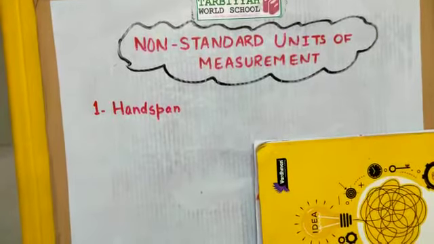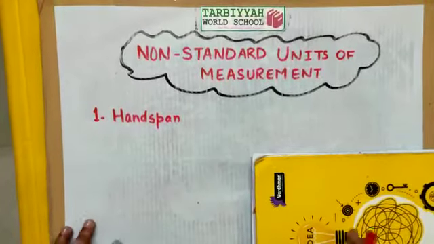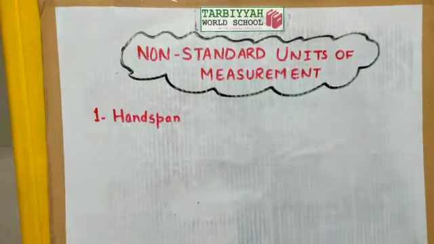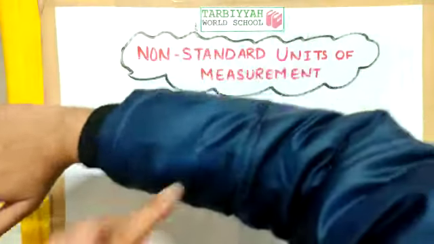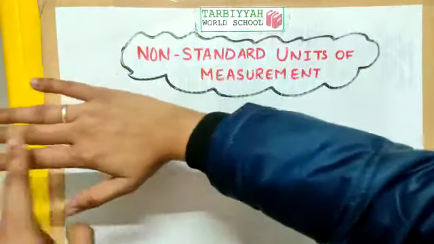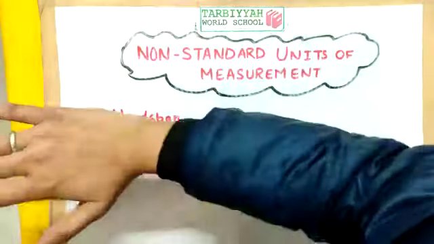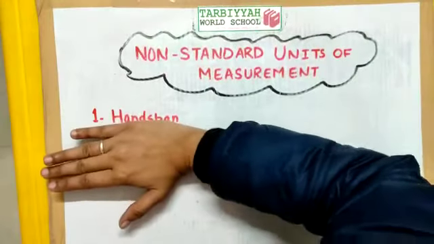And students, we can also measure the table with our hand span. Okay. Now see, second, we can also measure our table with the help of cubit, with our arm, and this is known as cubit, like this.